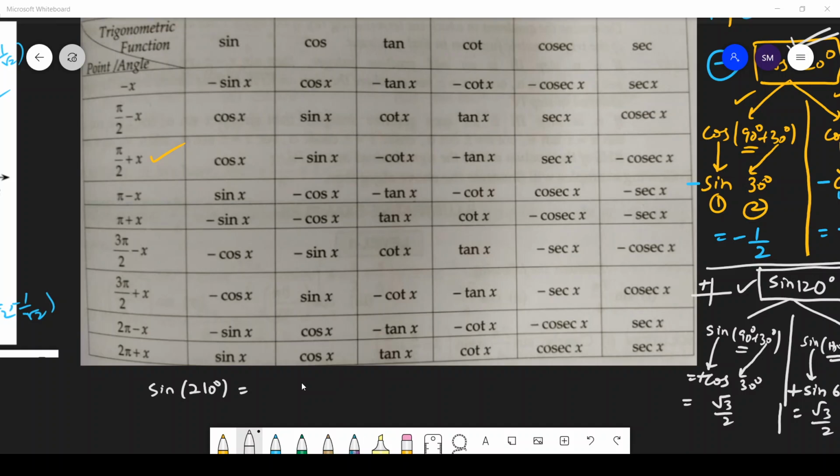Minus 1 by 2. Okay. Write your answers in the message box, those who are finding it.